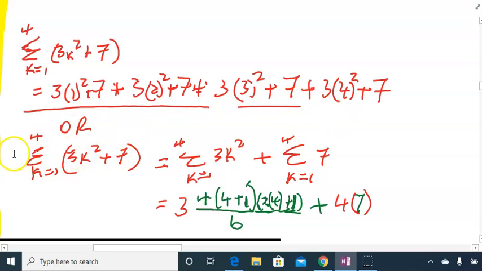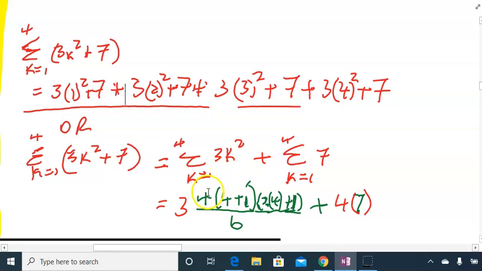If we're using our special summation formulas that we just learned, we could break this up into two parts. Summation k equals 1 to 4 of 3k squared plus 7 can be broken up into summation k equals 1 to 4 of 3k squared plus summation k equals 1 to 4 of 7. This 3 can also be pulled in front of the summation sign by our scalar multiple idea that we learned earlier on.